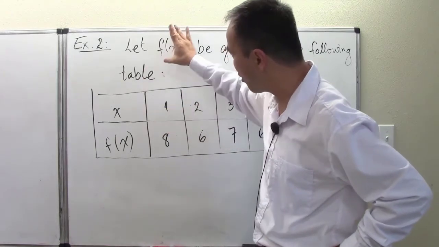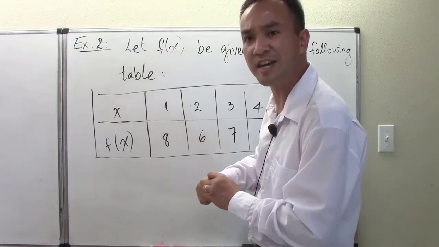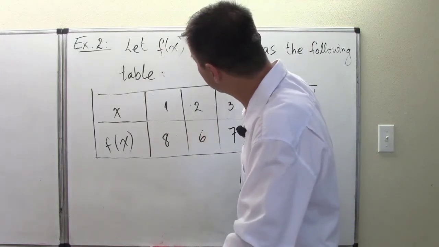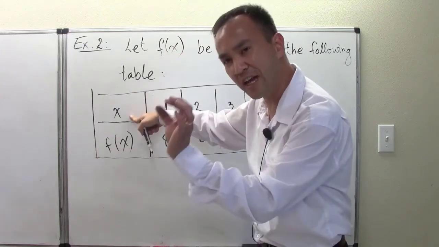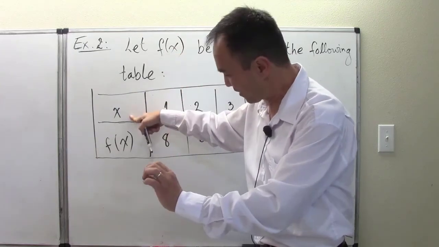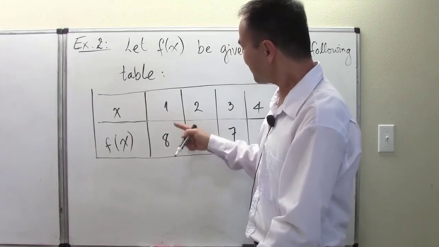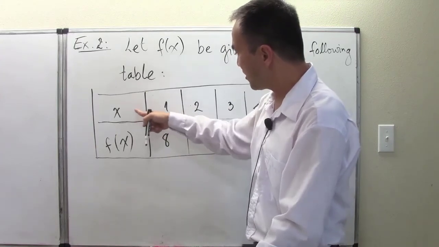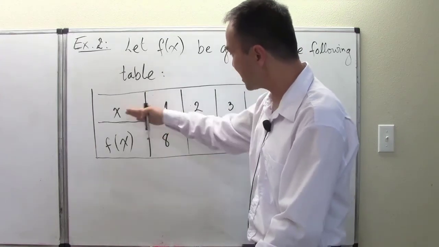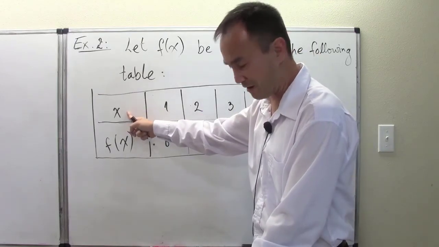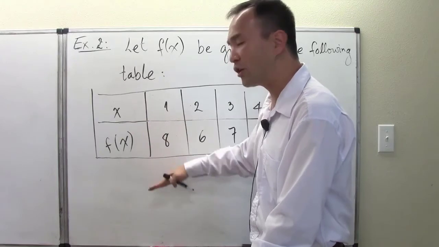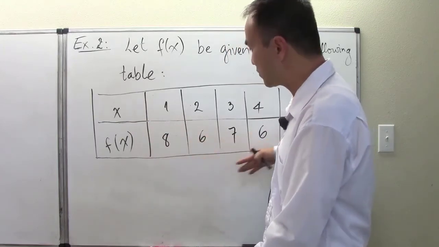But according to the way we read and understand the function notation, the x here is playing the role of the input. Just in that way, this table lists down a few different values for our input variable.